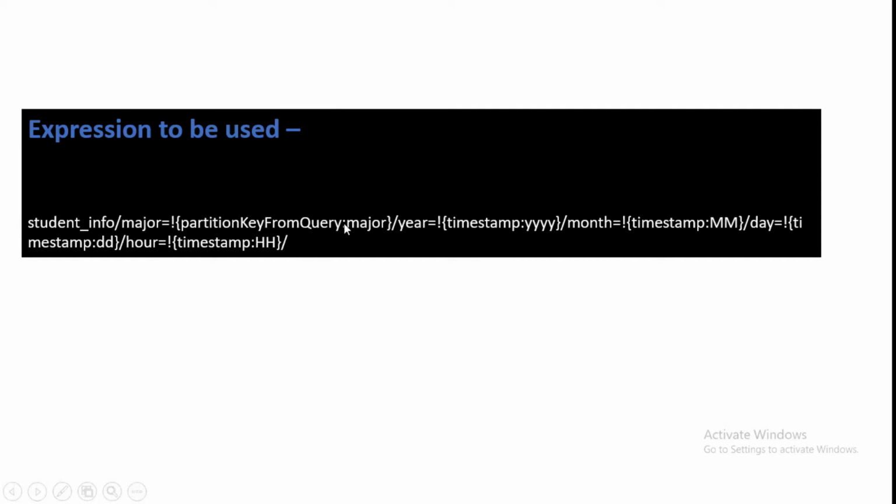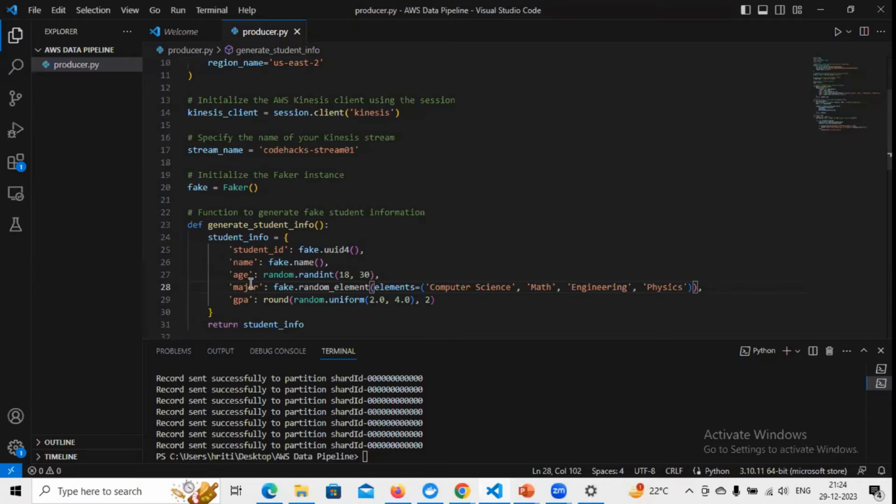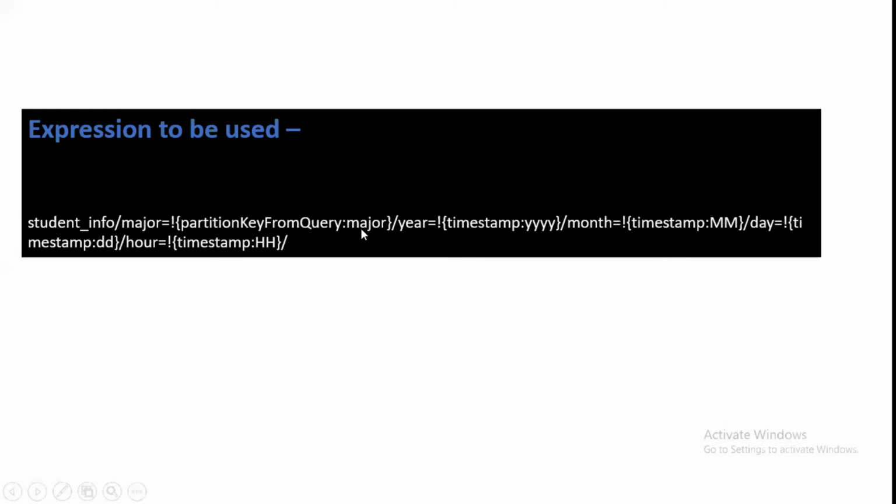And within the data, we have the key as measure. So that's why I have chosen the measure here. Then the year, month, day, and hour will be extracted from the current timestamp only. So let's go to the AWS account and start looking into this.